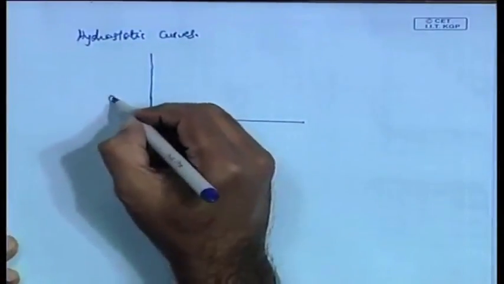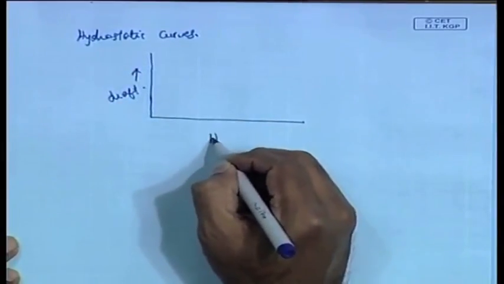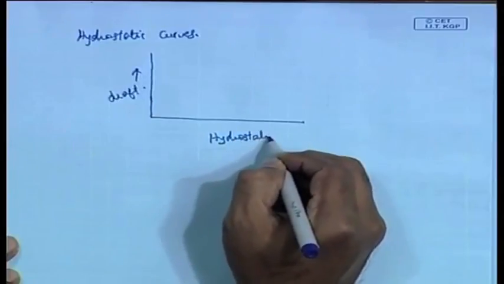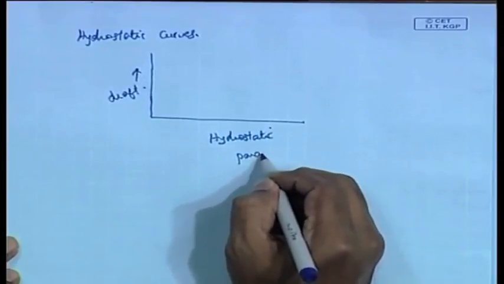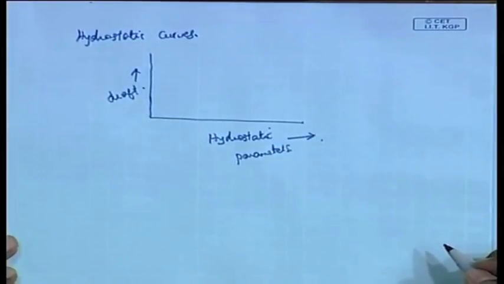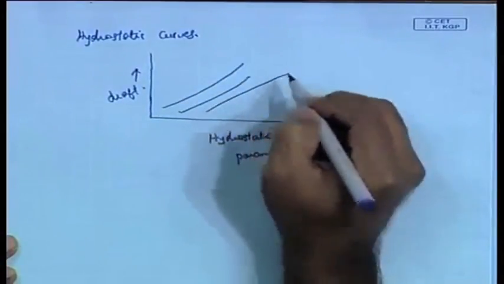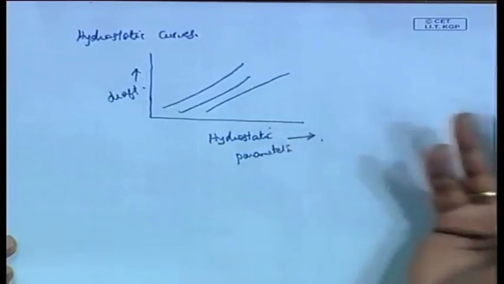If I drew a graph between the draft and any of these parameters, curves that look like this, different things, it could be CB, it could be the MCT, it could be the LCB, LCF, etc. All these things as a function of draft, this is known as a hydrostatic curve.